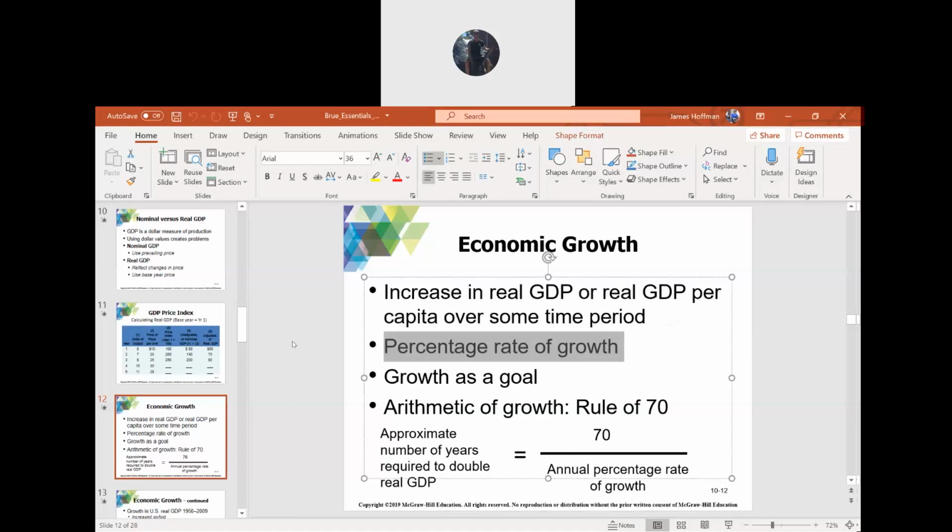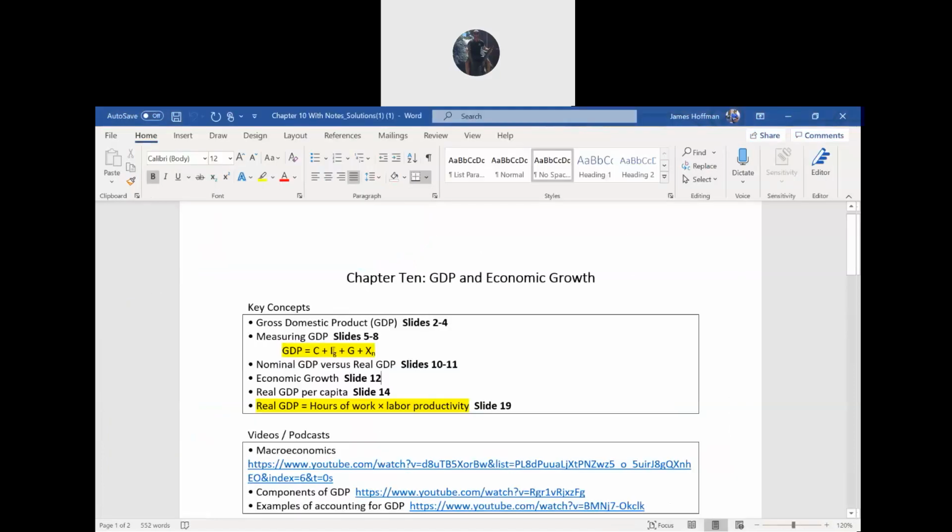Okay, so we know what real GDP is. That's adjusted for inflation, and then the other term that we need to define is real GDP per capita. Real GDP adjusts for inflation, and real GDP per capita, or anything per capita, adjusts for population growth.